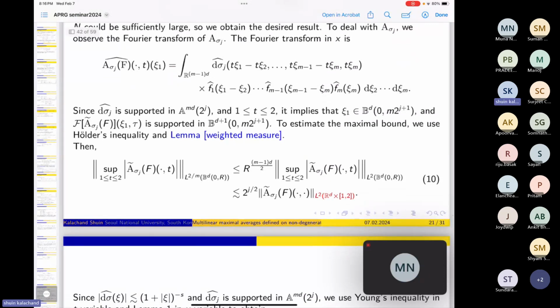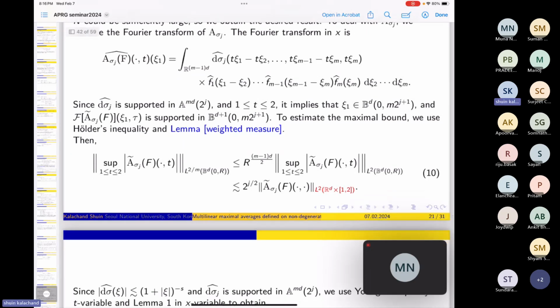This is the weighted measure lemma. We need to estimate this norm, right? We first apply Holder's inequality, then we have this constant r to the power of this number, and you see r is a fixed number, so we can just ignore r here. Then we have the L2 norm of this operator.